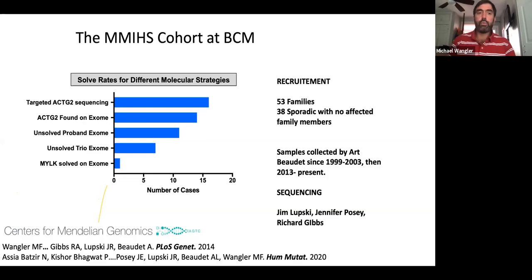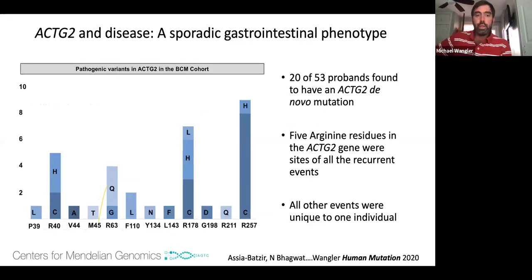We still have some unsolved, even trio exomes and unsolved proband exomes, but we have a lot of solved cases, particularly from actin gamma 2 sequencing. What stands out when you look at the pathogenic variants in our cohort is that 20 of the 53 probands have an actin gamma 2 de novo mutation.